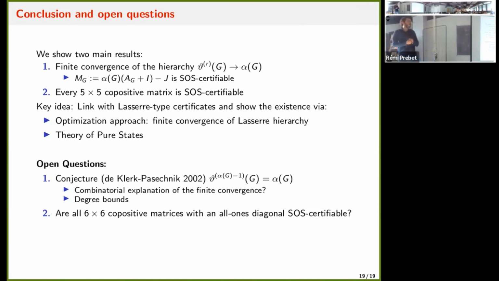This is a question that is still open and could be true. We don't know. And recently, I think that the extreme rays of the copositive cone COP6 were characterized. So I think it's at least a question that you could try. Thank you.